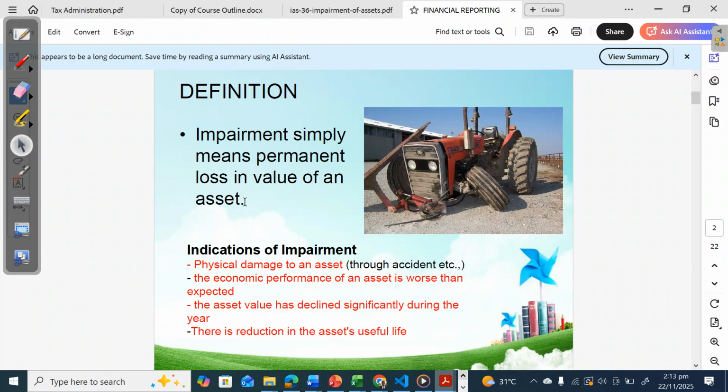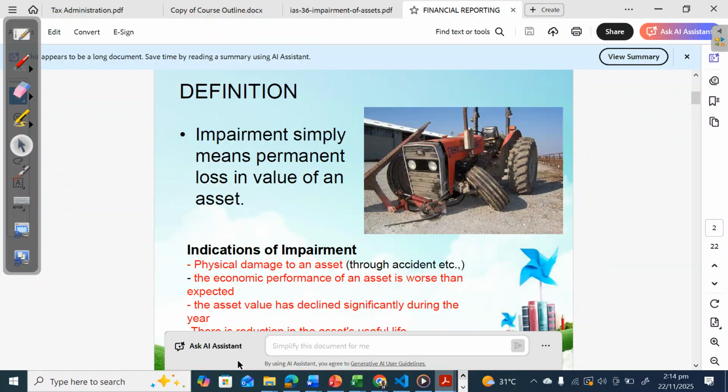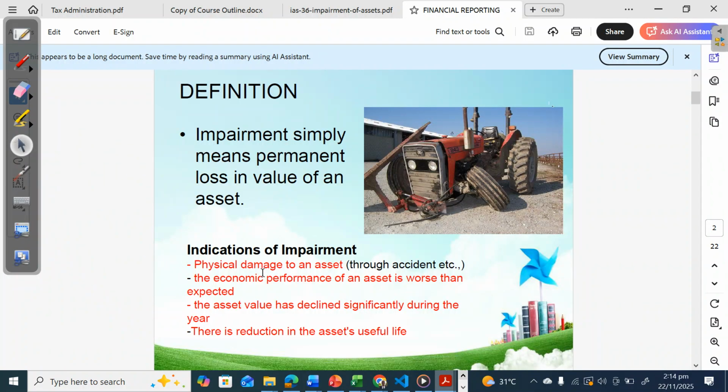What are the indications of impairment? The first is physical damage to an asset. If an asset is physically damaged, maybe there's a broken part or a broken component, we can clearly say that the asset is impaired.